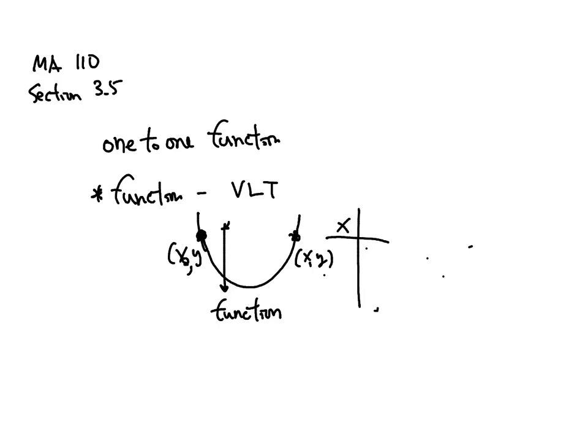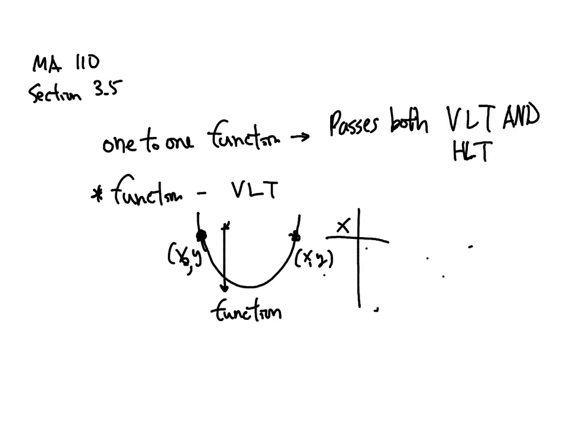So this function, even though it's a function, it is not one-to-one, because one-to-one means you cannot have the same numbers. The same x value cannot happen, same y values cannot happen. Graphically, the only way you have a one-to-one function is if it passes both the vertical line test and the horizontal line test.